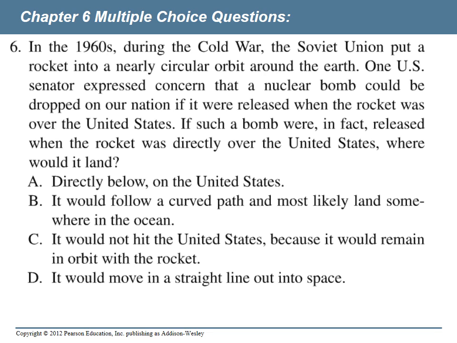If you were to release anything from that rocket, it would have that same speed and that same gravitational attraction, so it would have the same path. So if they were to release a bomb from the rocket, the bomb would just sit there right next to the rocket and actually blow the rocket up. So it would not hit the United States because it would remain in orbit with the rocket.